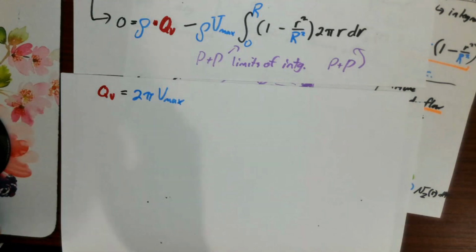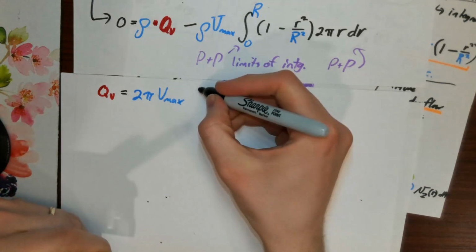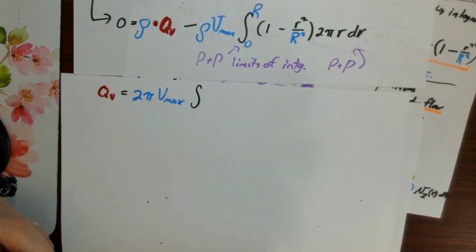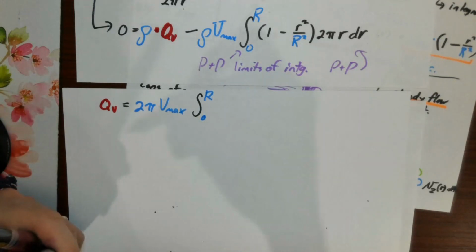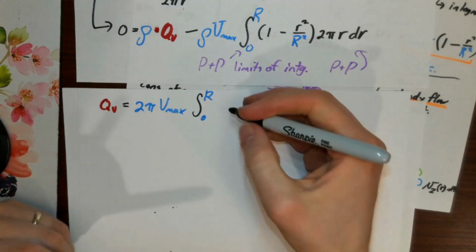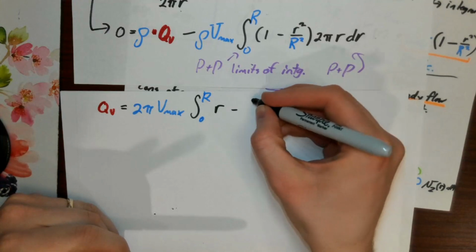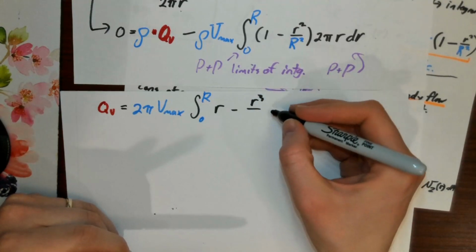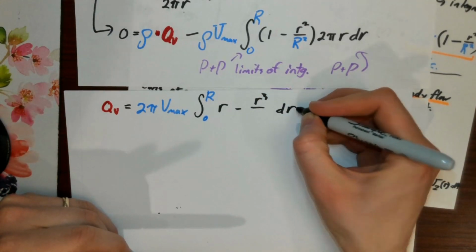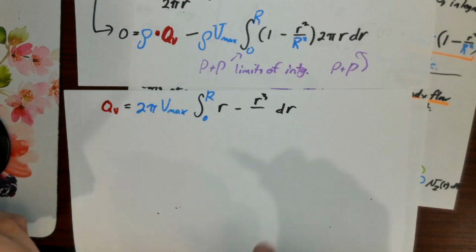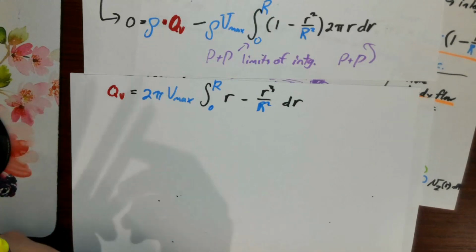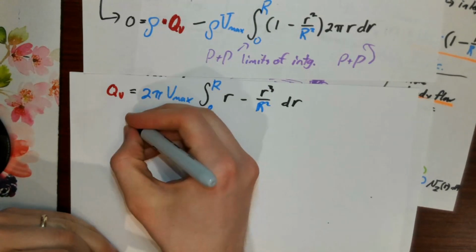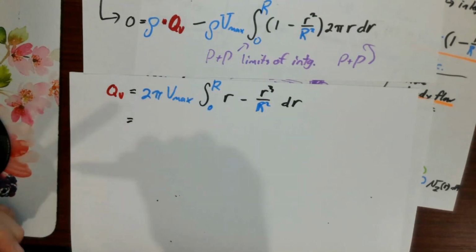So when I do that, we're going to be integrating from 0 to big R. Now we're integrating r minus r cubed over big R squared dr. And we still have our 2 pi V max up front.